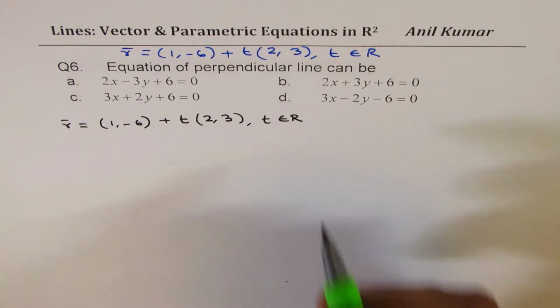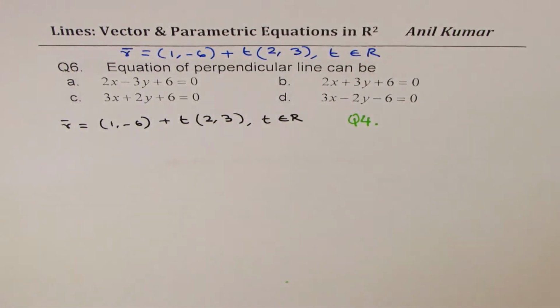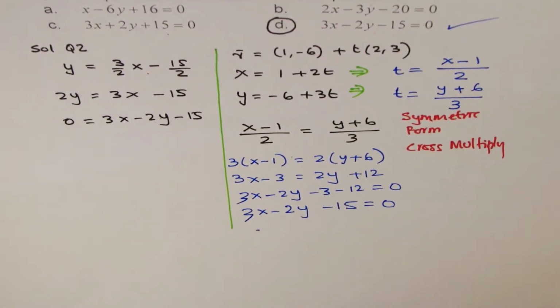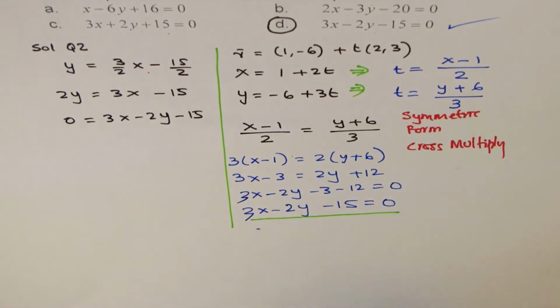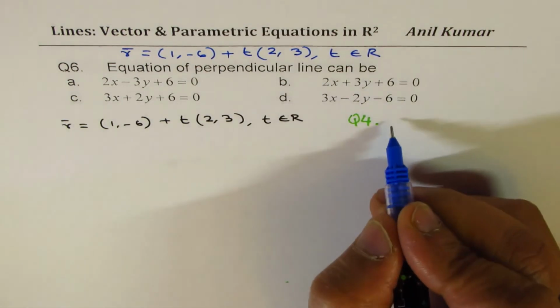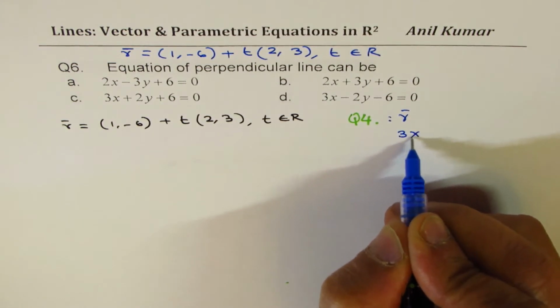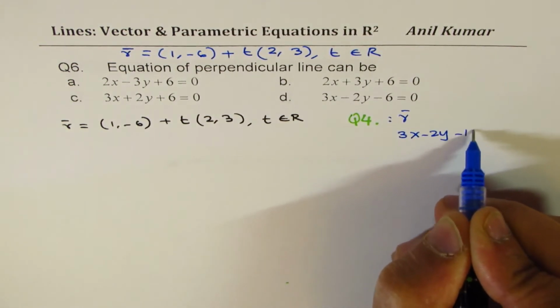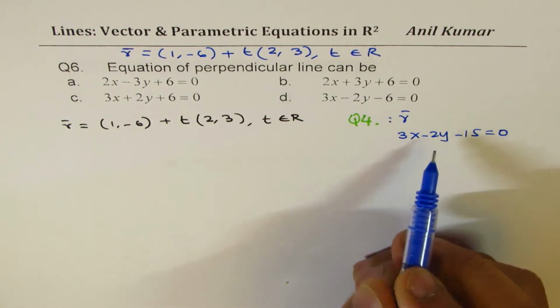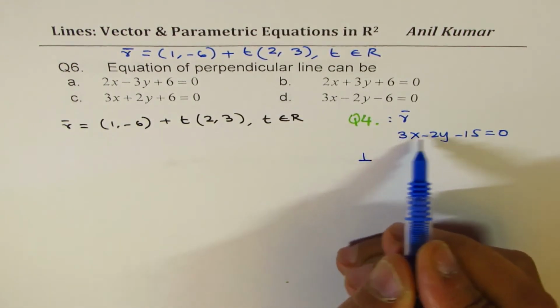One of the methods, since we did question number 4, where we found the Cartesian equation as 3x minus 2y minus 15 equals to 0, is to use this information.